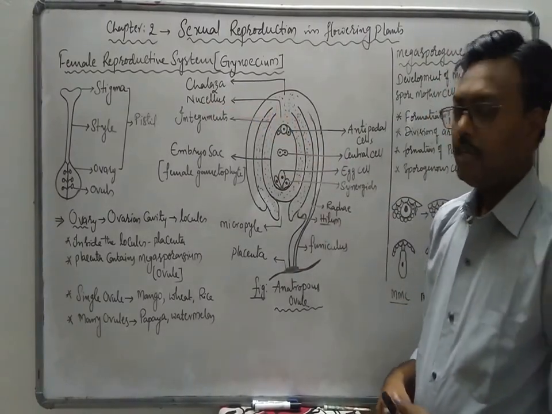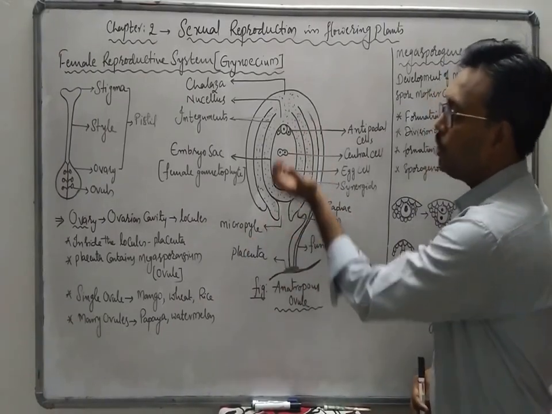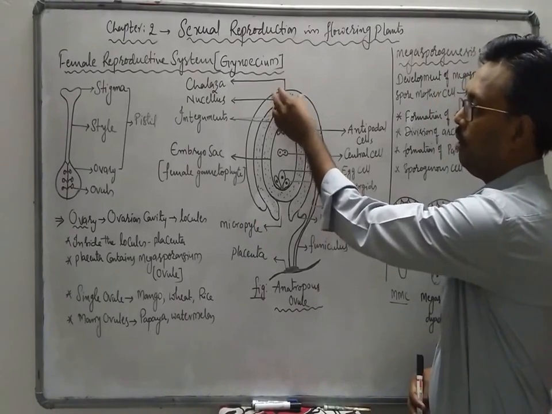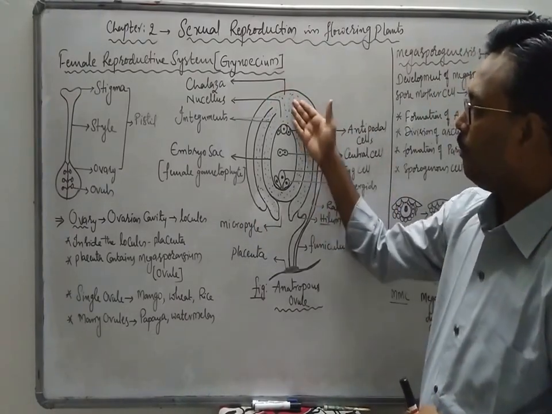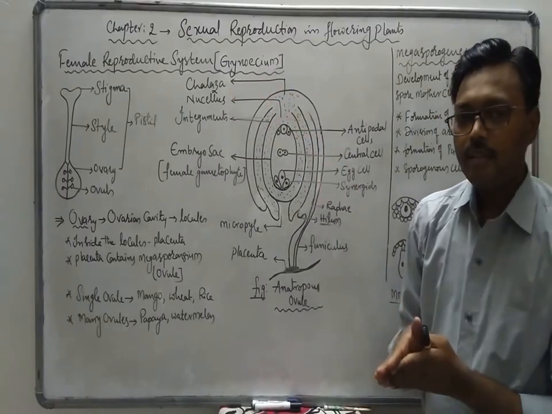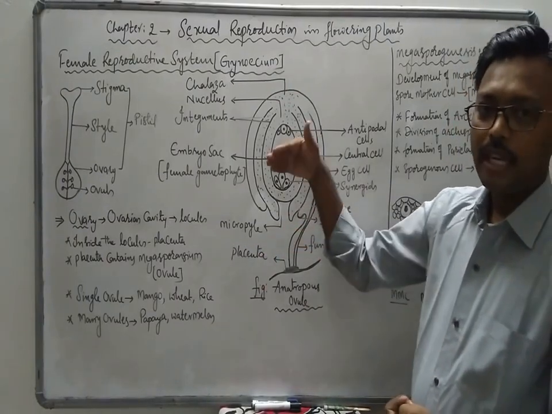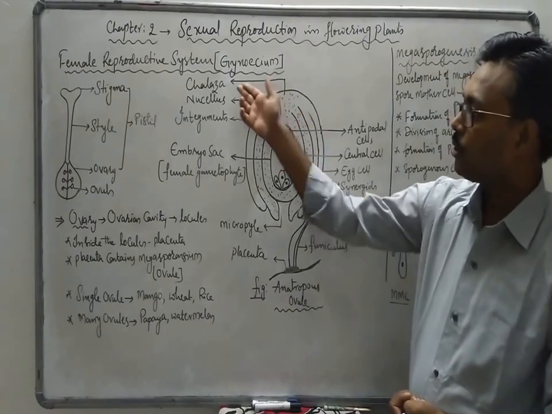Here the opening is called the micropyle, and just opposite to this opening is the base of the ovule, called the chalaza. So it has two ends: the opening end is the micropylar end, and the opposite end, the base of the ovule, is the chalaza.